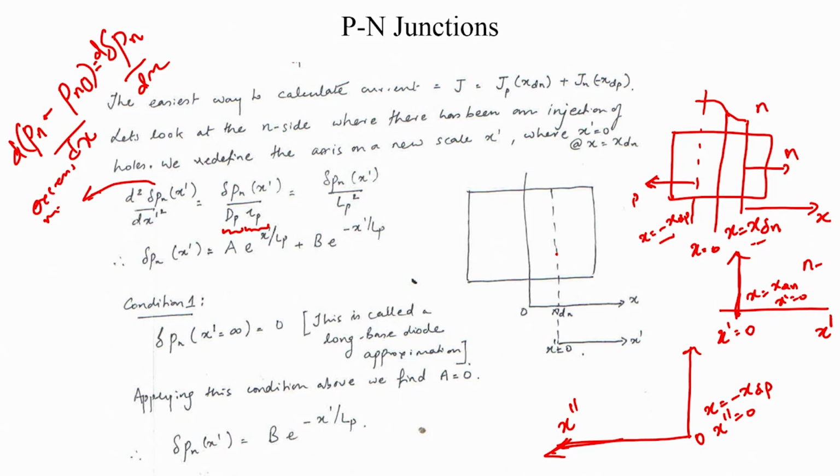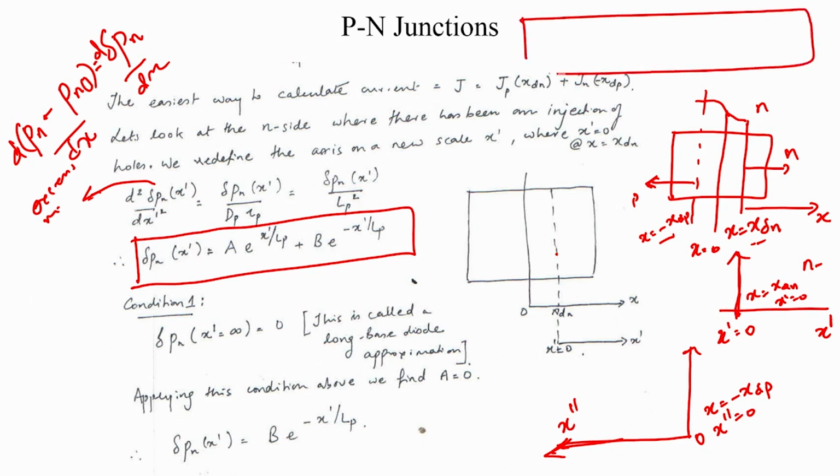So, this is the continuity equation, and we know that the solution to that is given by this particular expression here. Now, the key now is to identify the correct boundary conditions. The first boundary condition we will use is that x dash is equal to infinite, that is, if I have an infinitely long p-n junction diode, if I have a very large p-n junction diode, and if these are my bound depletion regions.